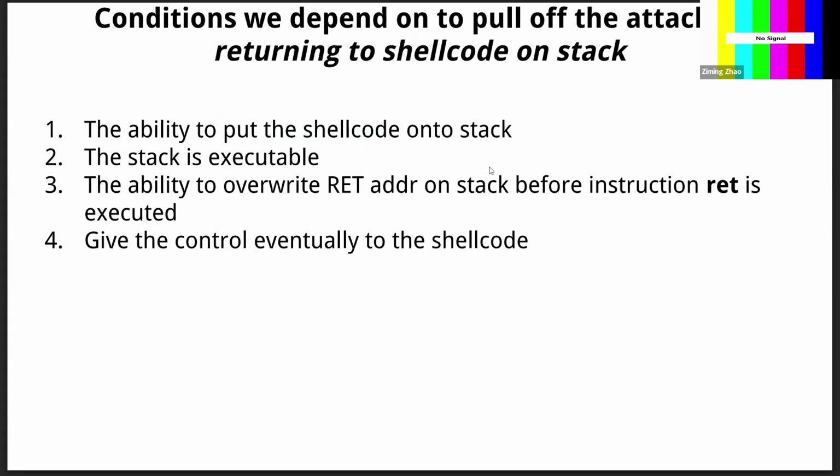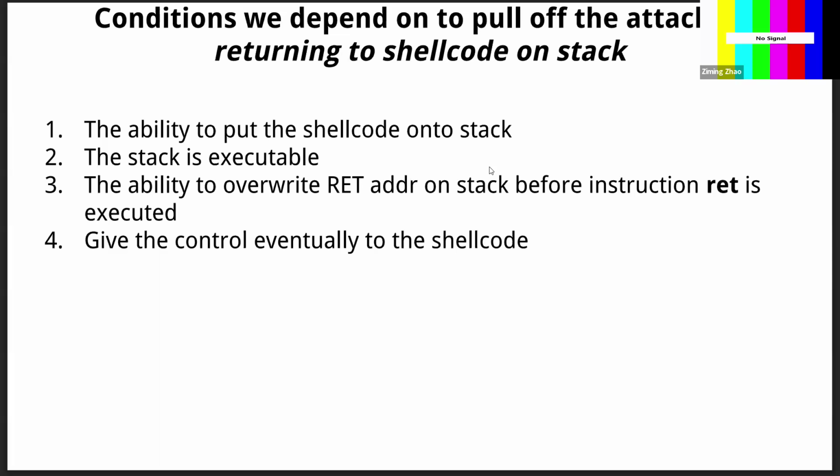Usually when I do research, I like to list the conditions attackers depend on or need to pull off an attack. That's a training, a practice for us to come up with new defense ideas.